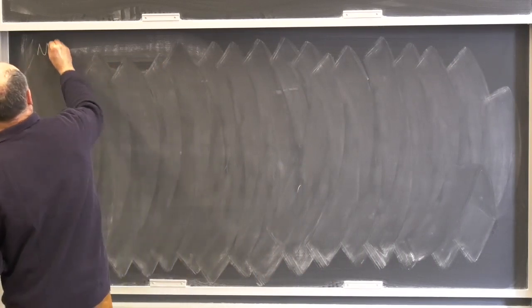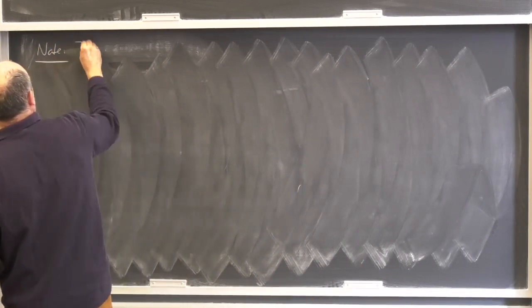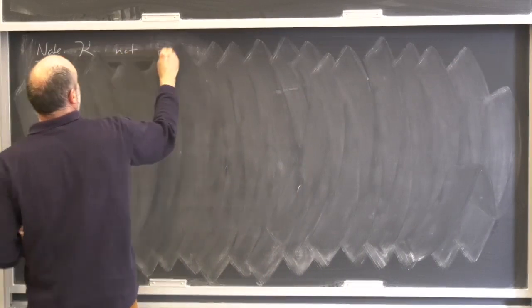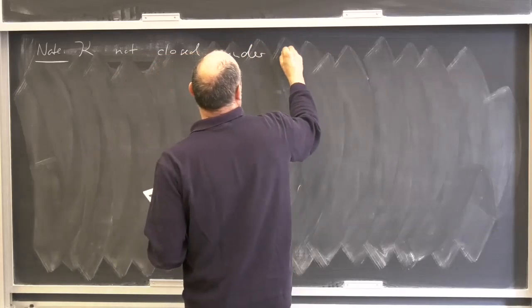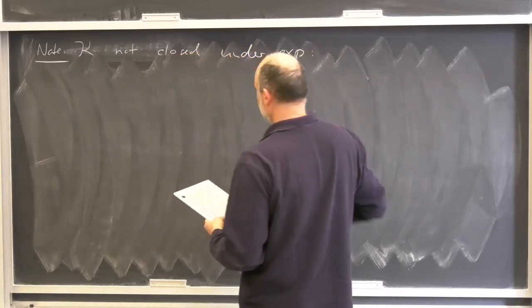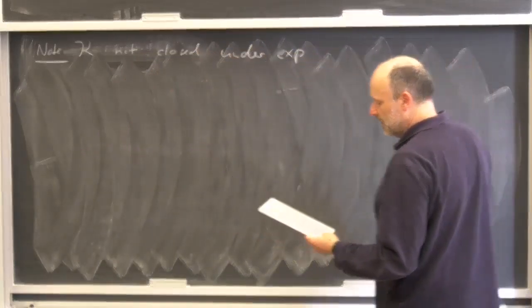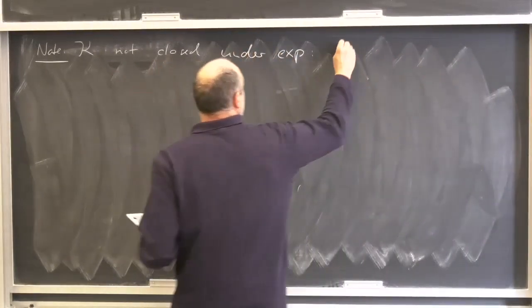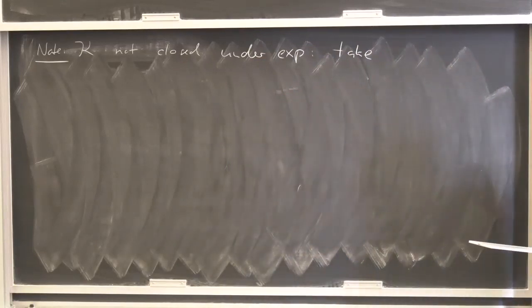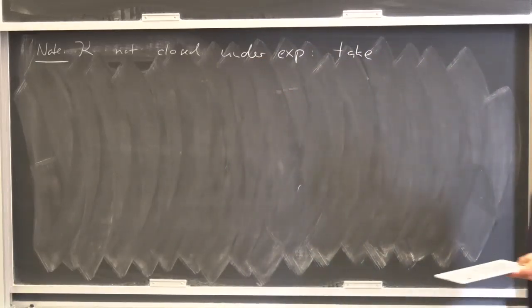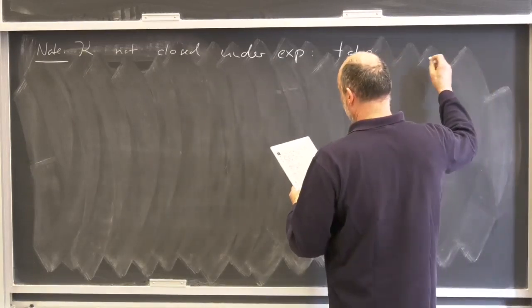So this K is now closed under, say, exponentiation. Okay, so what is that? We already know that we contain these almost regular germs. We know there are almost regular germs with Dirac series that are divergent. Okay, so take one of those.